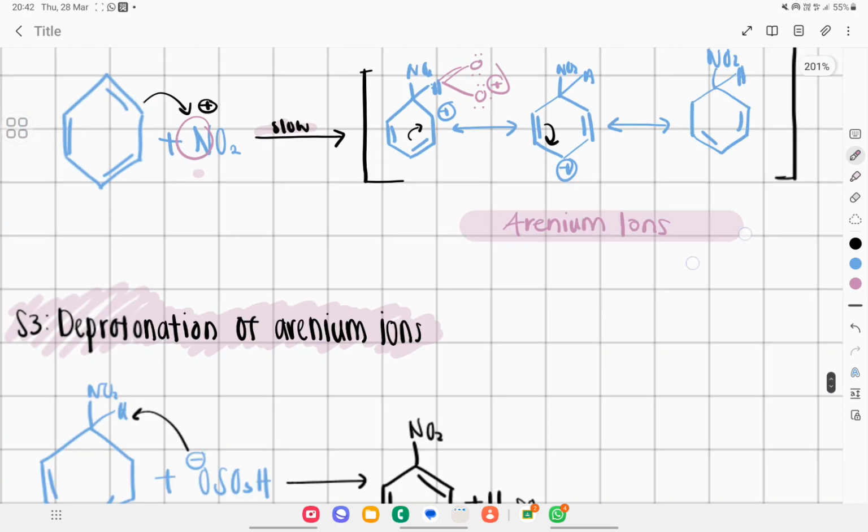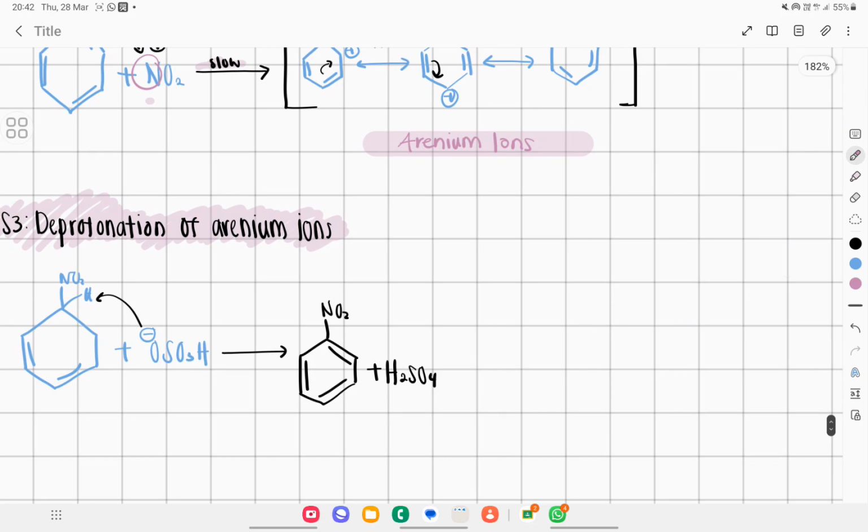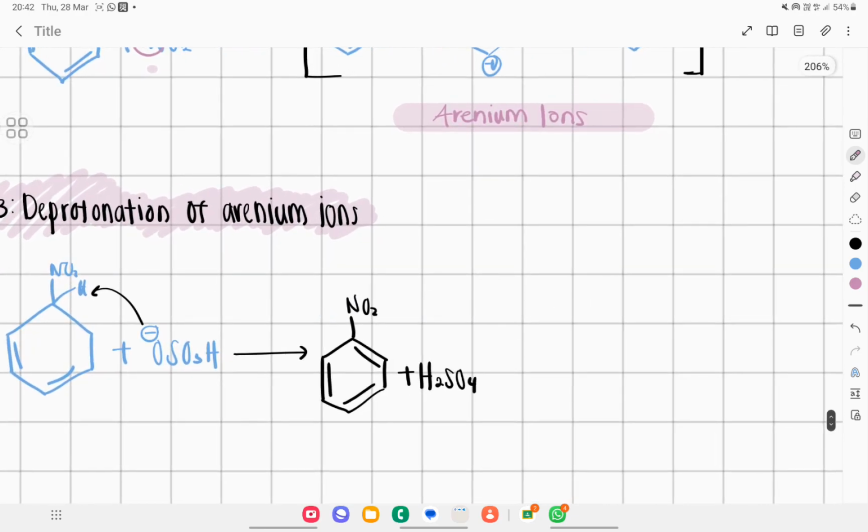Last but not least, we have finally reached the final step of this whole mechanism. Step 3 is the deprotonation of the arenium ion. After the formation of the arenium ion, there is a positively charged carbon atom within the benzene ring, which is often adjacent to a hydrogen atom on one of the ring carbons.